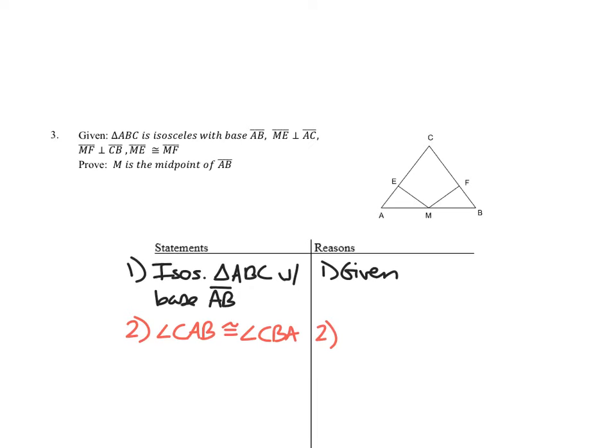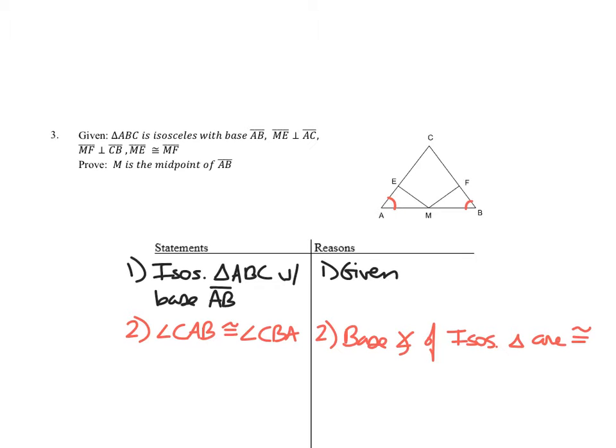And that's because base angles of an isosceles triangle are congruent. All right, so I'm going to just tuck that in right there.